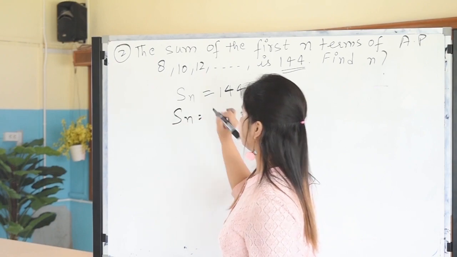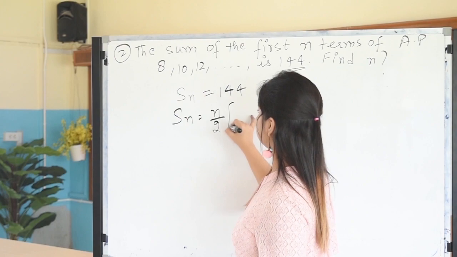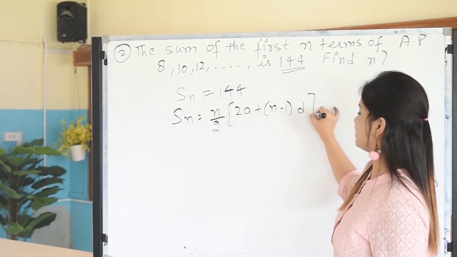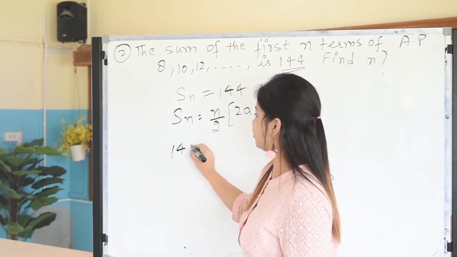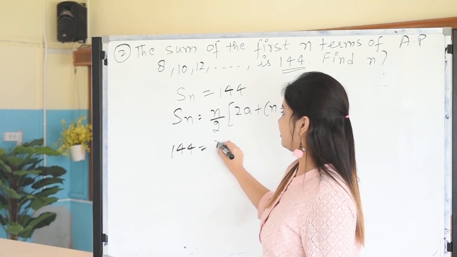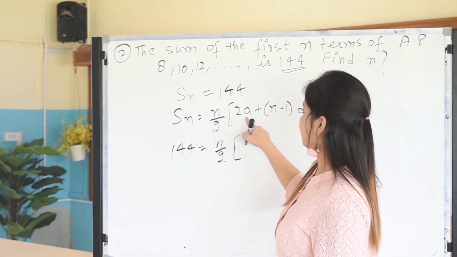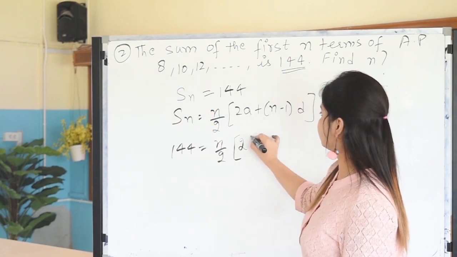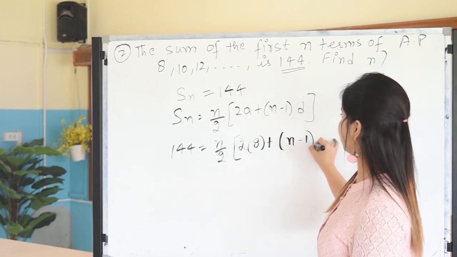First, we will use the formula n over 2 times (2a plus (n minus 1) times d). Now, my Sn is already given, 144. n you don't know because you have to find the value of n. What is a? a is 8. n minus 1.